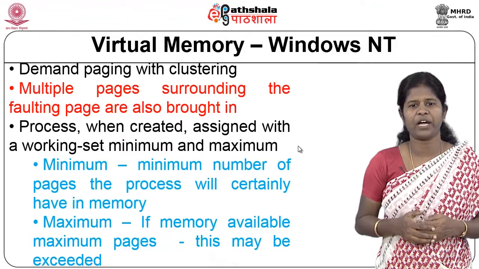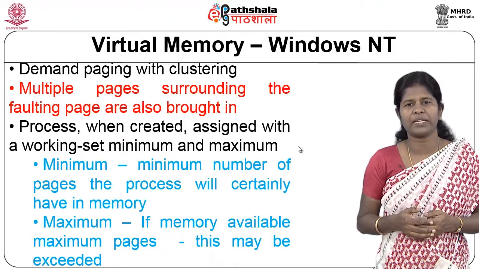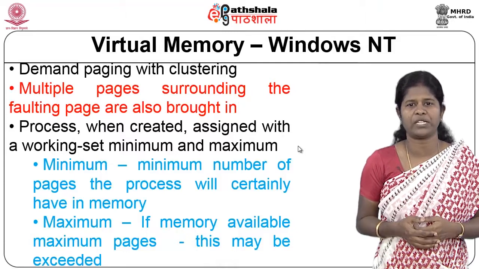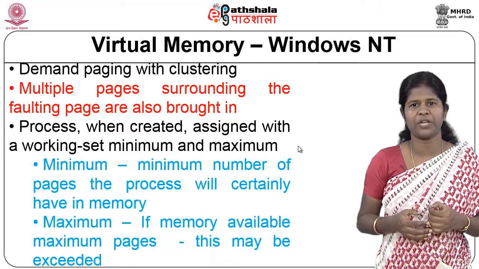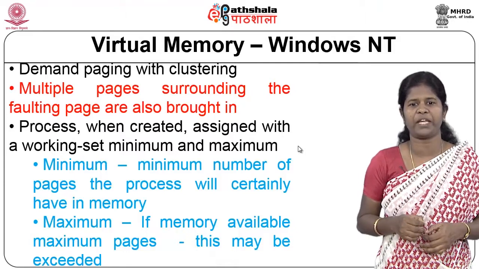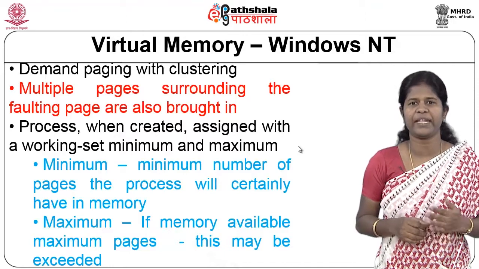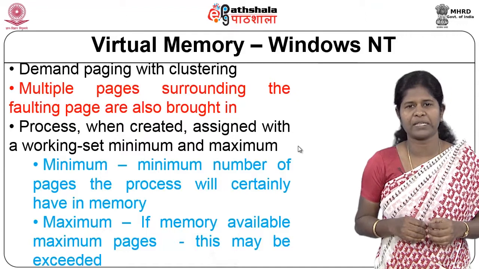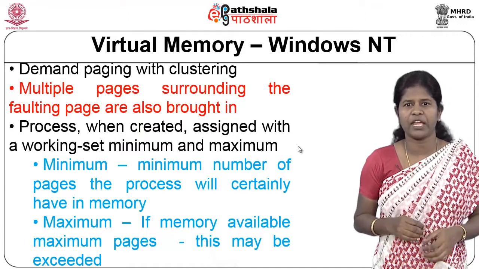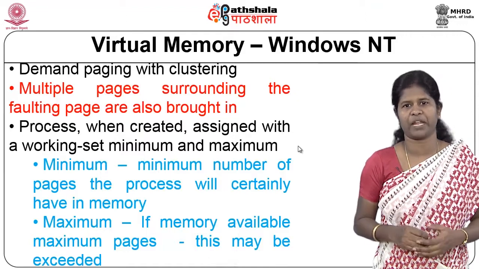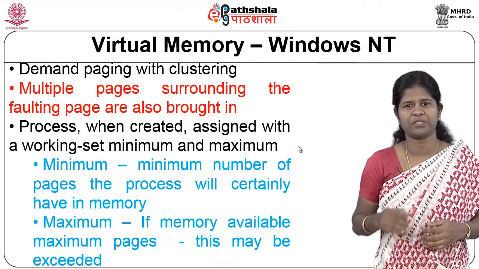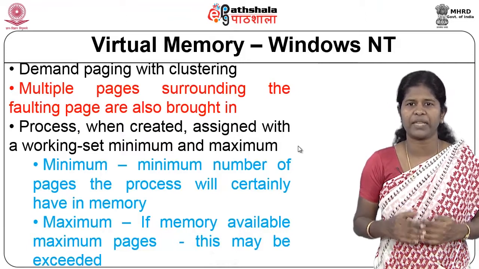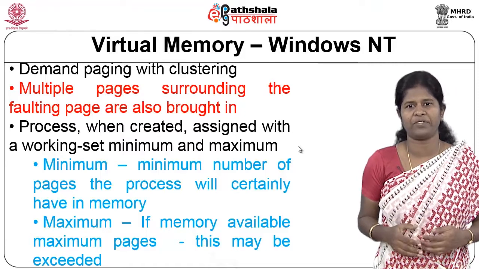Say the working set minimum is 10 and the working set maximum is 20. The working set minimum is the minimum number of pages the process will certainly have in memory. So, that process will be assigned at least 10 physical frames, and the working set maximum is the maximum number of pages that process can have in physical memory.